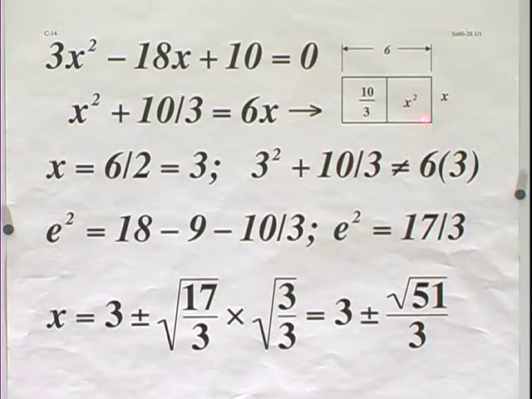Here's the geometric diagram. I'm going to make this length there 6, and the width of the rectangle is going to be x. So 6 times x is equal to this area plus this area. We're going to depict each term as an area.